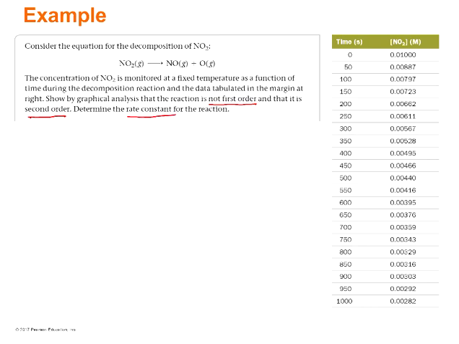So luckily for us, they already graphed the data, and remember, we want to prove that this reaction is not first order. So what we'll do first is plot the natural log of NO2 versus time. And hopefully we'll see that this does not give us a straight line graph.